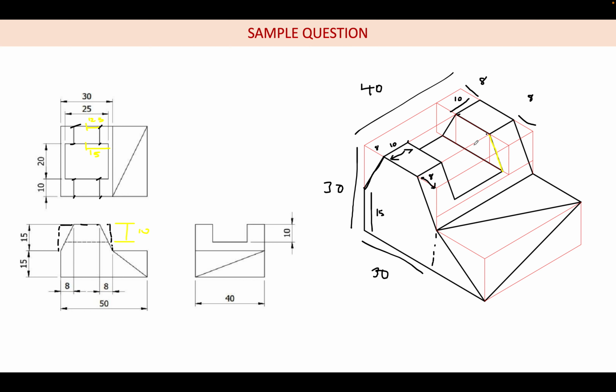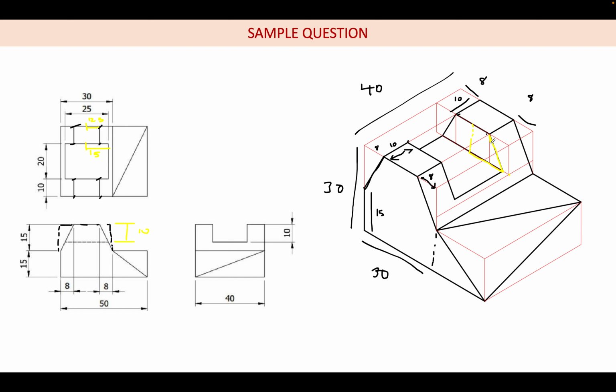So if I take from this midpoint, I drop a line, and from this point to this point you can mark it. It will be 15 mm, and from this point to this point it will be 12.5 mm. So if I go 10 mm down and 12.5 mm this way, I am able to get this point.